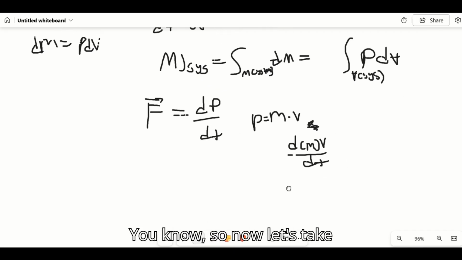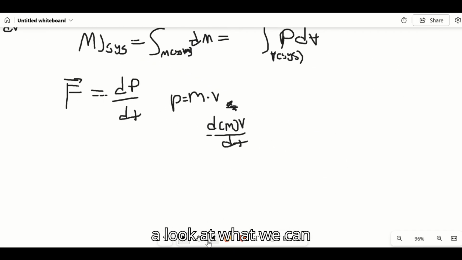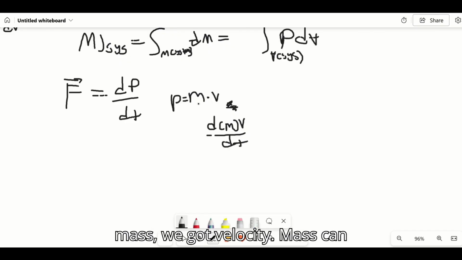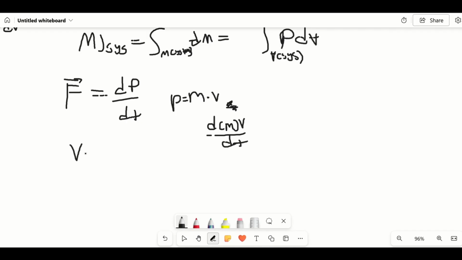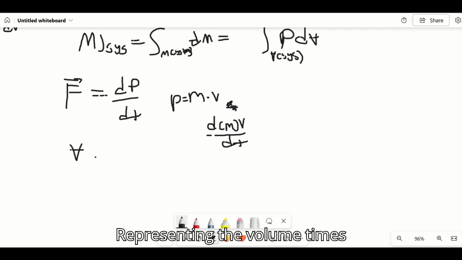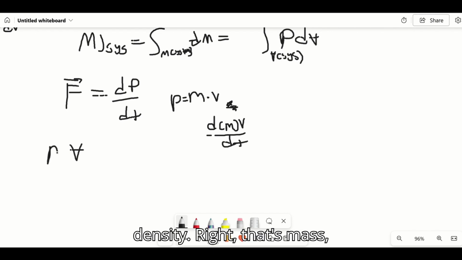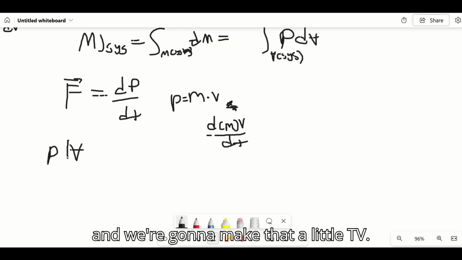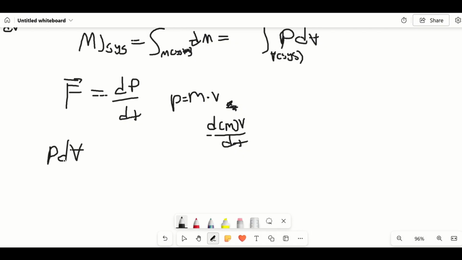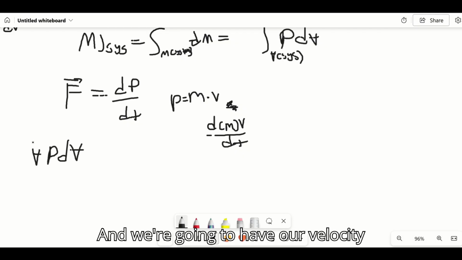So now let's take a look at what we can do from this. We've got mass, we've got velocity. Mass can be rewritten in terms of density, right? So this can be rewritten as the integral over V, representing the volume, of density times dV, that's mass, and then we have our velocity vector.